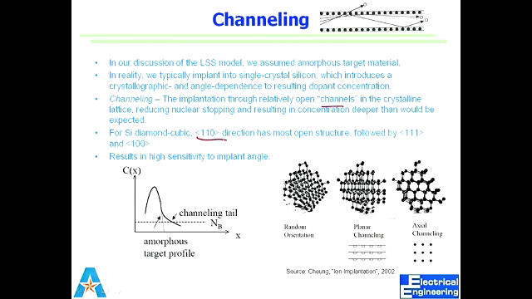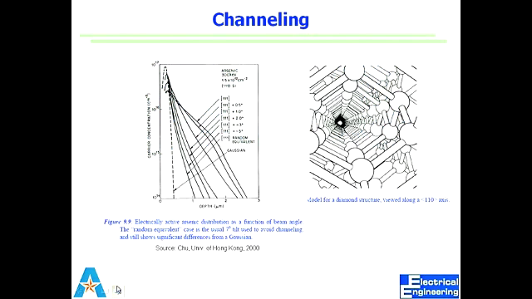So now we have seen the LSS model, now we are looking at non-idealities. What are the things that are actually different in application? So for different orientations we see, these are not orientations, these are the angles, the beam angle. Generally we take it as a standard, but if you are very concerned about how deep your profile should be or how well confined it should be, we define our beam angle.